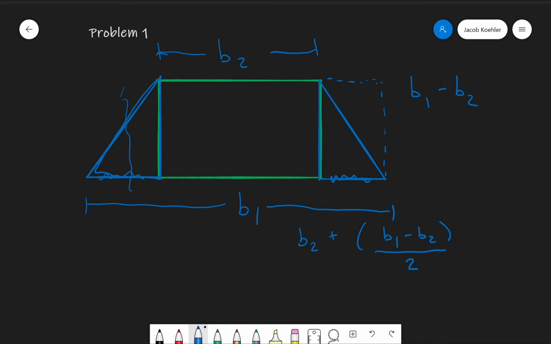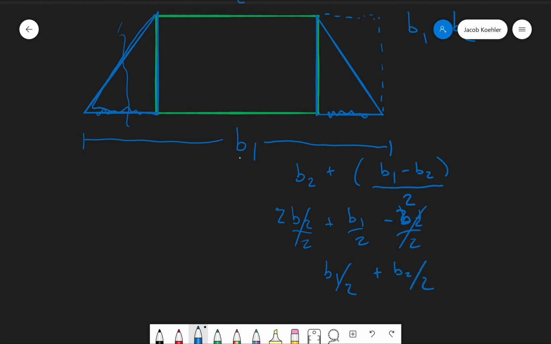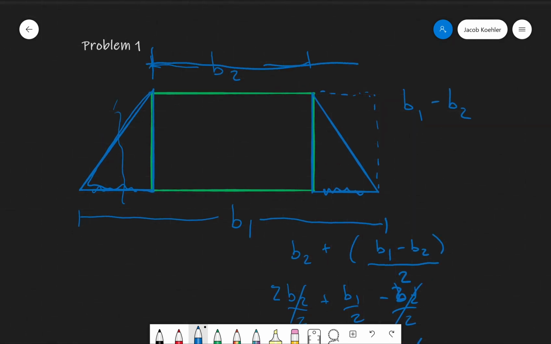So if we simplify that so that we can get this side here, let's go ahead and rewrite this as base 2 over 2 plus base 1 over 2 minus base 2 over 2. Sorry, this should be 2 base 2 over 2. And then we can combine these two, and we get base 1 over 2 plus base 2 over 2, and that's the length of this whole side now.